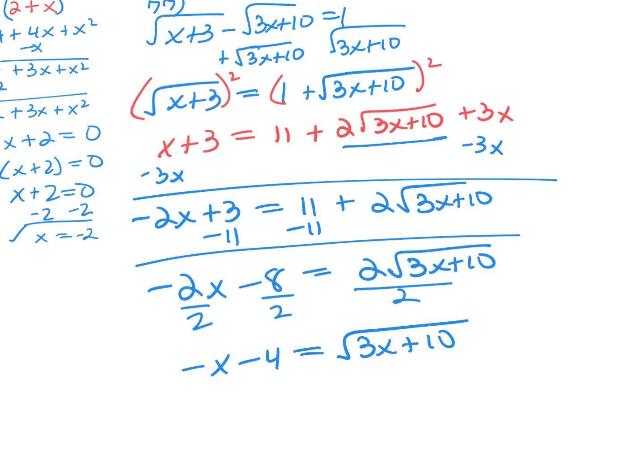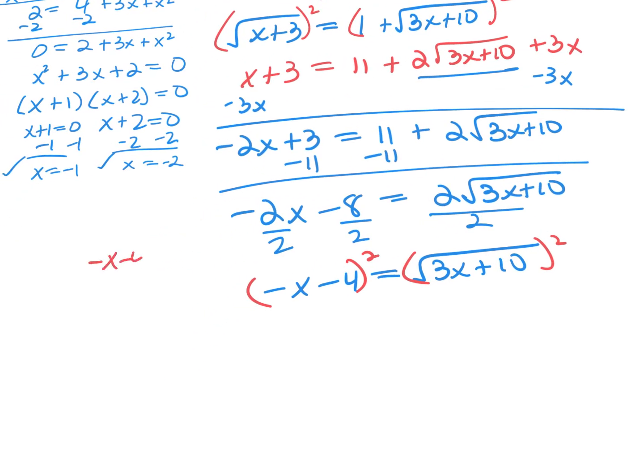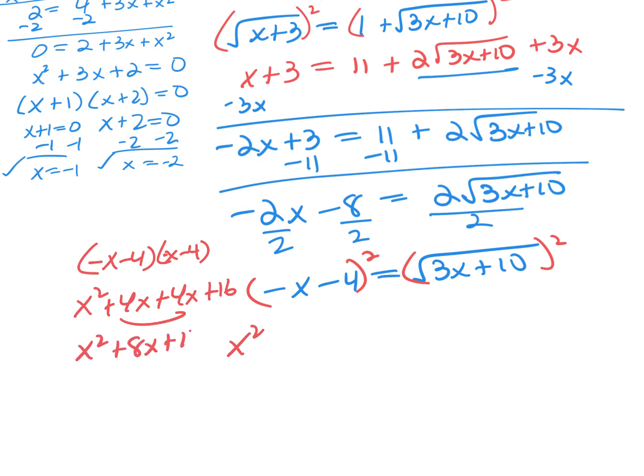And now again, I got to square both sides because I got to still clear the radical a second time. So then here, I got to FOIL this, or you memorize the pattern. Don't just try to square this and square this. You actually have to FOIL it. So then this becomes x squared plus 4x plus 4x plus 16. So then this gives me x squared plus 8x plus 16.